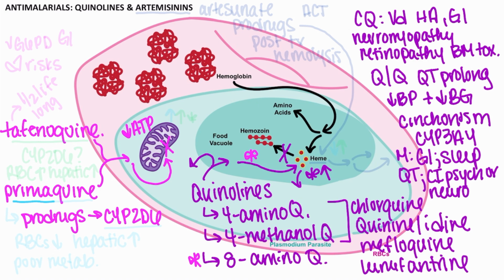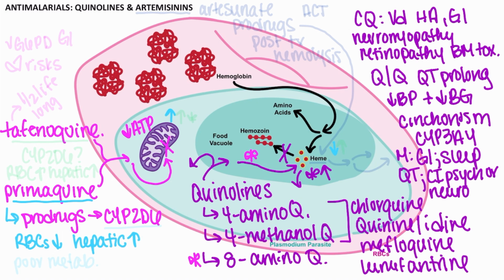Now, primaquine, for instance, is thought to act more through this mechanism where it's the prodrug that's converted by CYP2D6 to those reactive species, leading to that damage to the mitochondria, and less of this typical mechanism for the quinolines that we already described. And this is because it's not as good at treating those erythrocytic stages, but it is much better at those hepatic stages.